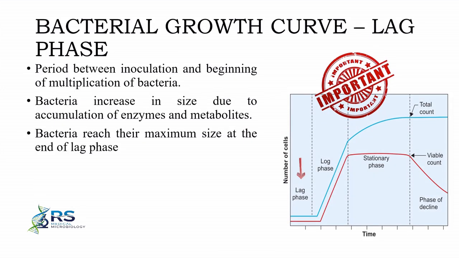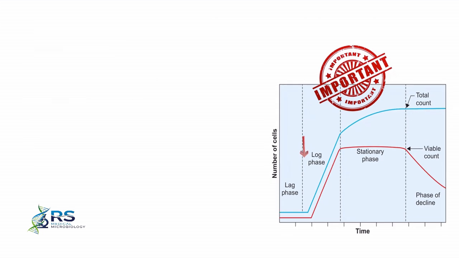First of all, as soon as you introduce a bacteria into the medium, they will have a small period of accumulation of food products and enzymes. The number of bacteria will not increase, but the size of the bacteria will increase. So they are just getting ready for the multiplication phase.